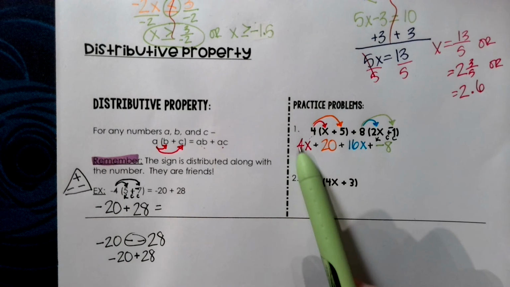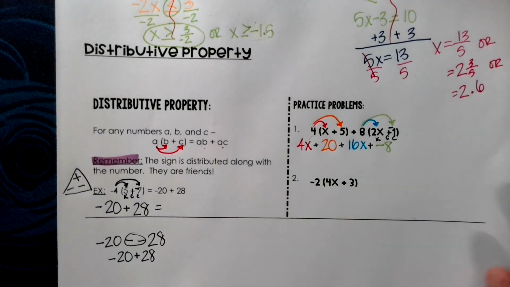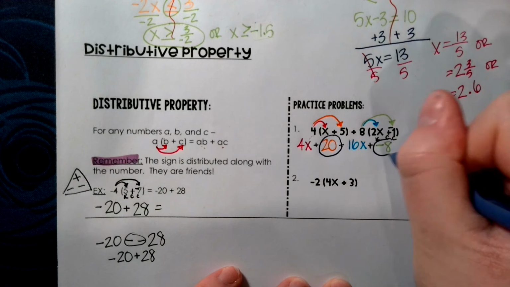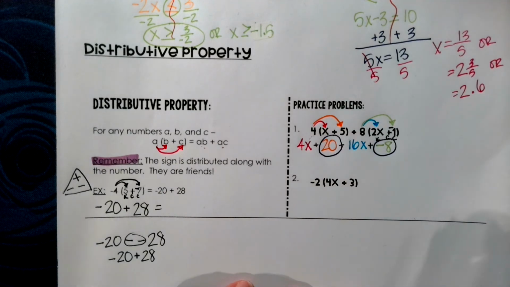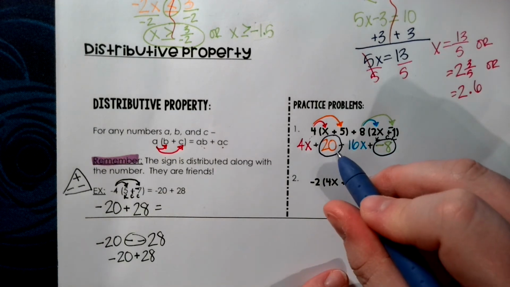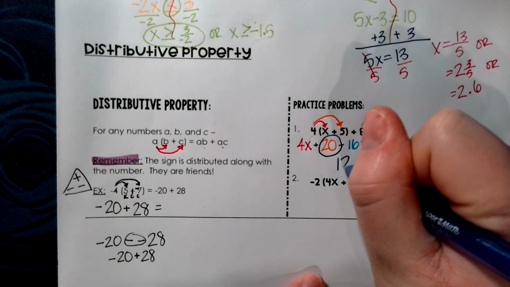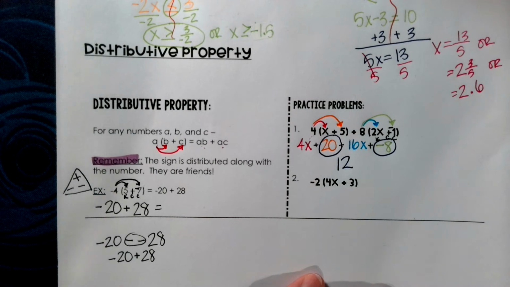From this, we can combine our like terms. We can simplify it some more. I can combine my 20 and my -8. What's positive 20 minus 8 going to be? 12.